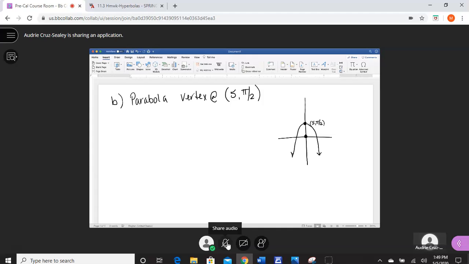And remember, if the distance between your vertex and your focus is 5, then what is the distance between your focus and your directrix? Also 5. So this is y equals 10.